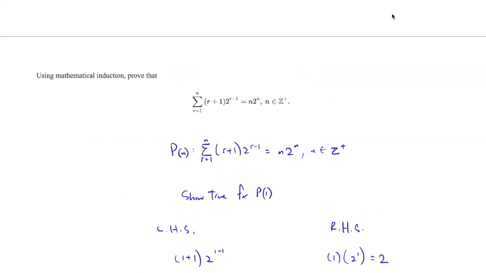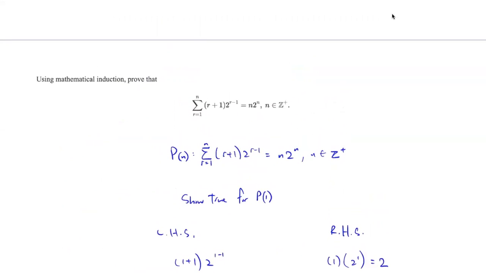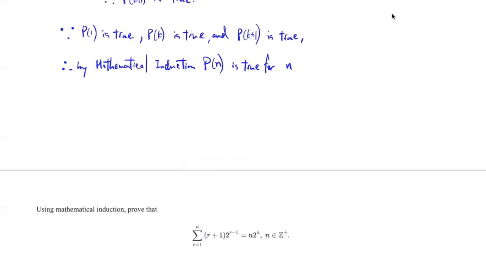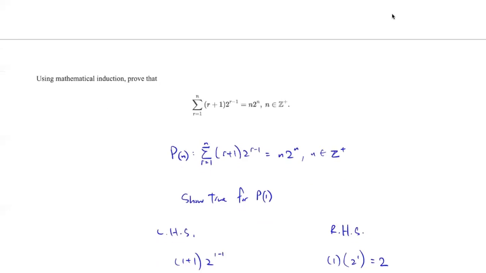So here is a past paper problem from the IB mathematical examination. It's a mathematical induction problem related to summations. So I'm going to use the same format I've talked about above to do this problem.